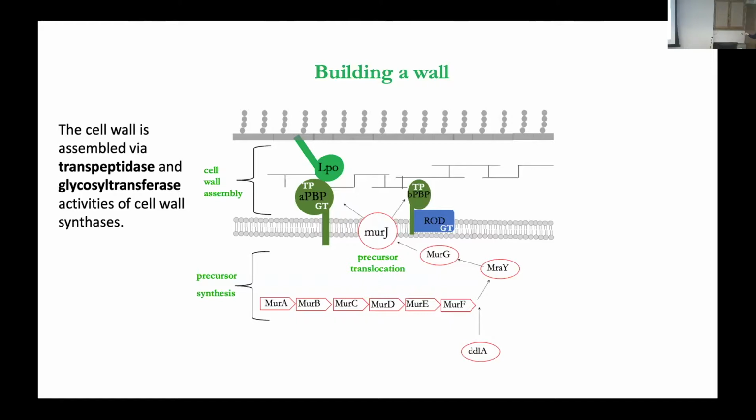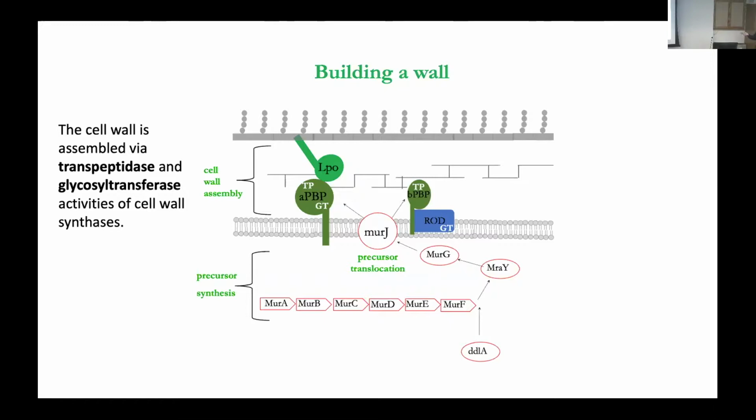The aPBPs, which stands for class A penicillin binding protein, should already be clear what they are useful for in terms of drug development. The class A penicillin binding proteins have both glycosyltransferase and transpeptidase activity in one protein. The only thing they need, in gram-negative bacteria, is an outer membrane localized activator. Without the activator, they're toast.